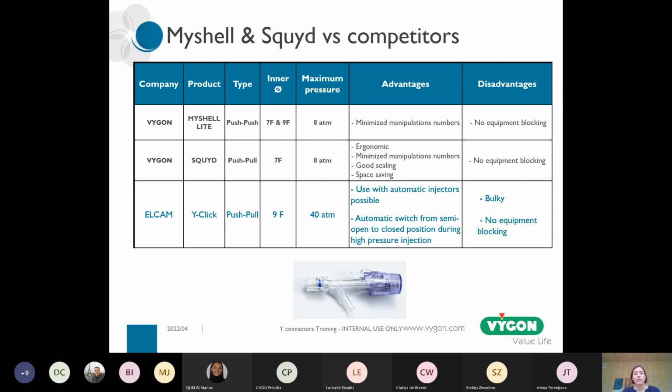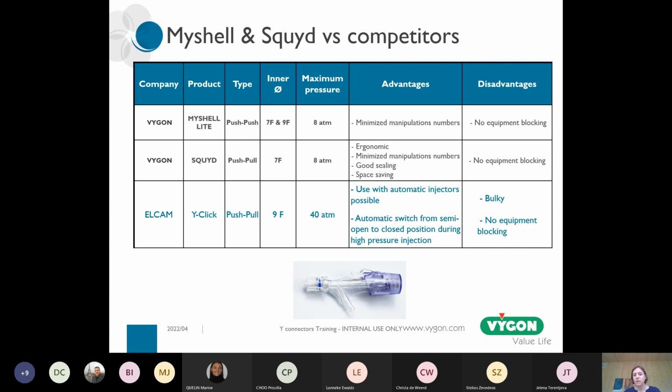Then we have the Y-click from Elcam. This is a push-pull system. It is a 9 French, so it is the main competitor for My Shell. The maximum pressure is 40 atm, and it can be used with an automatic injector. And there is an automatic switch. You have a semi-open position, an open position, and a closed position.